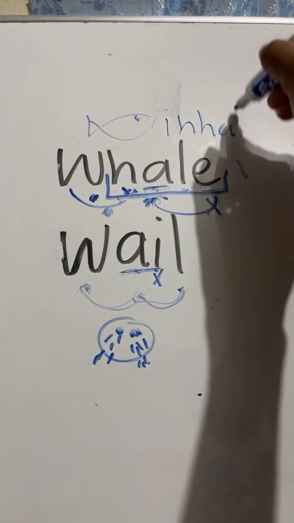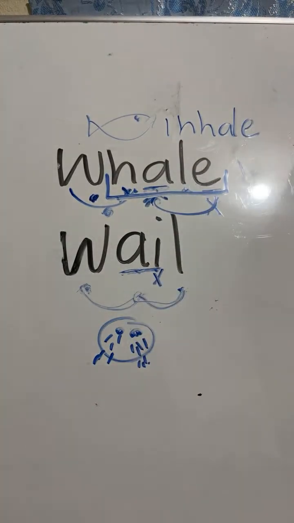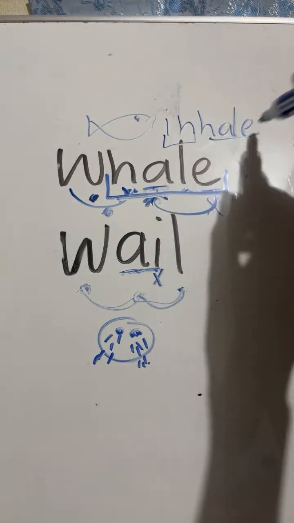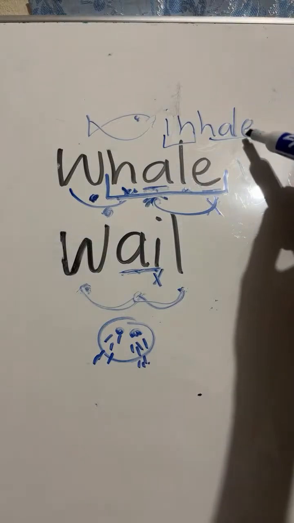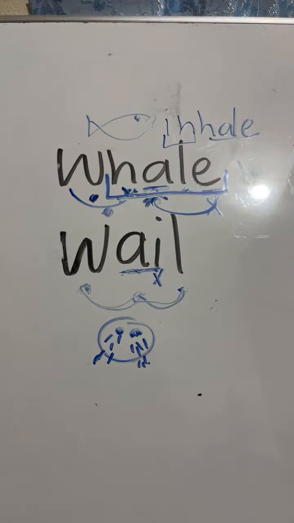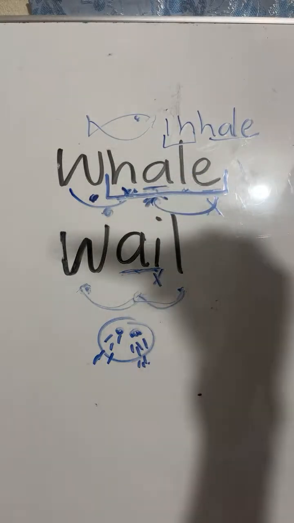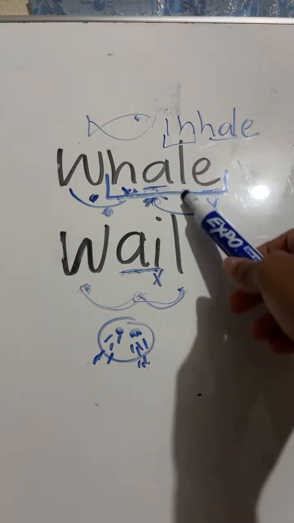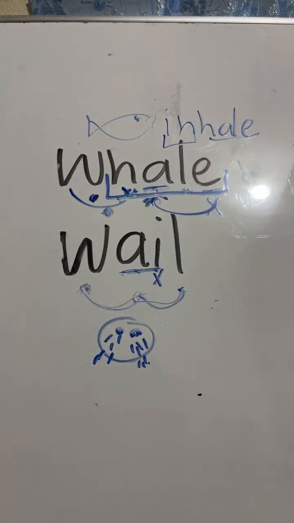When you take in air, breathe in air, that means you inhale. So you can actually see the hale spelling there in the word whale. This would help you to know that this one goes with the animal, the one that you can see hale, as in inhale.